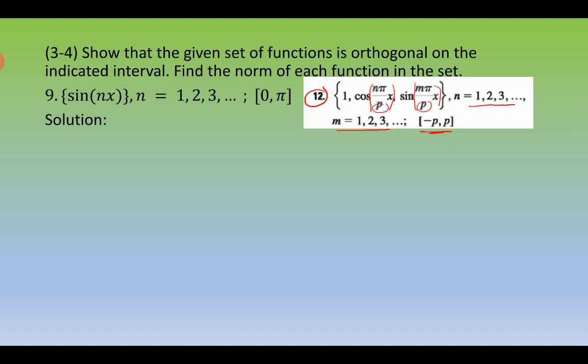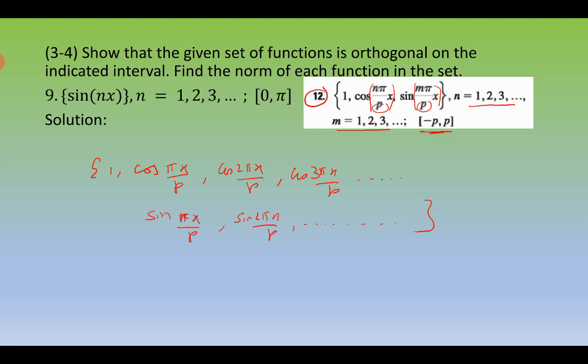Here it's p. So when you expand this set, it will be 1, cosine pi x by p, cosine 2 pi x by p, cosine 3 pi x by p will go on, and sine 1 pi x over p, sine 2 pi x over p.